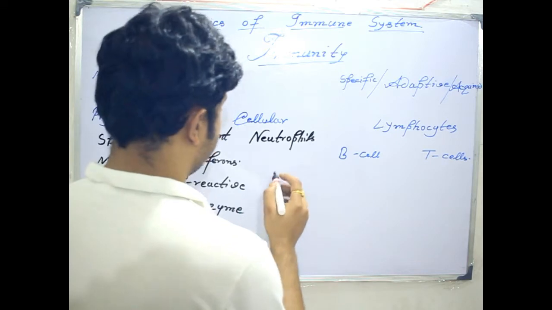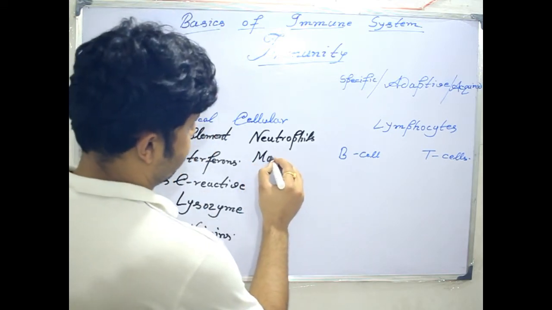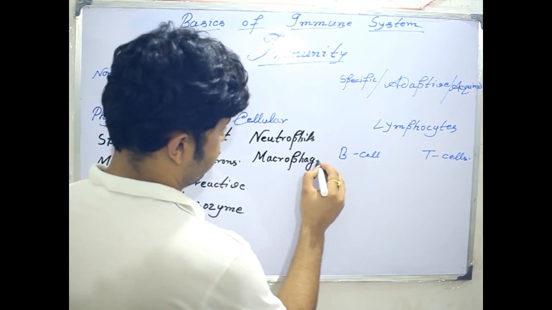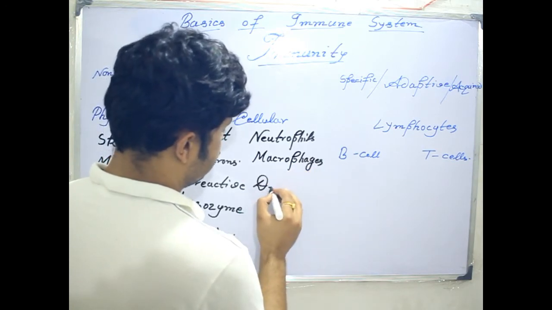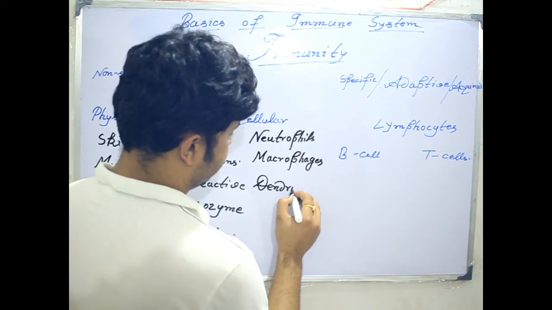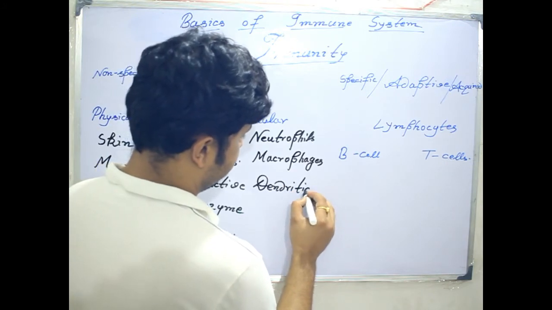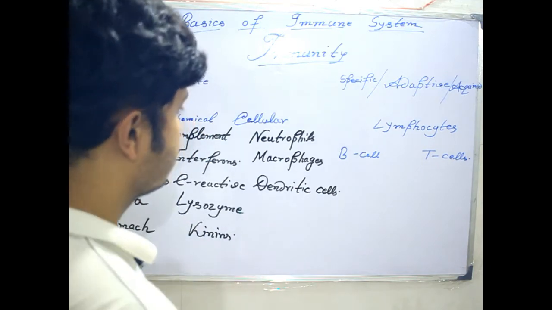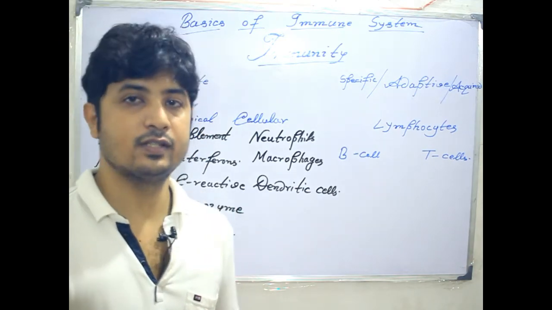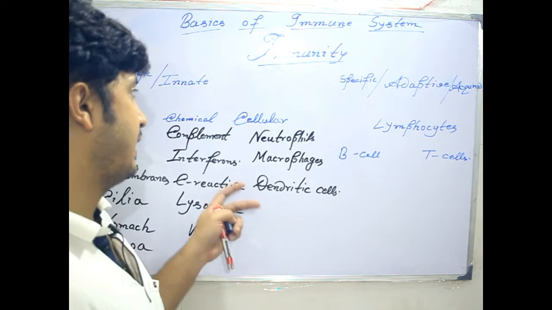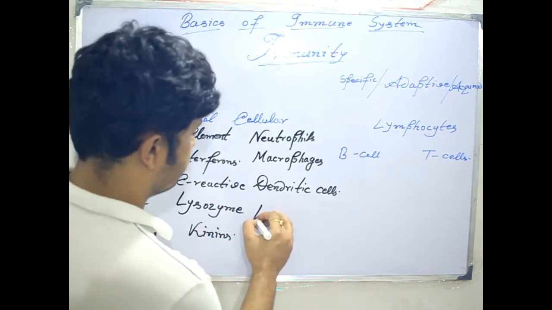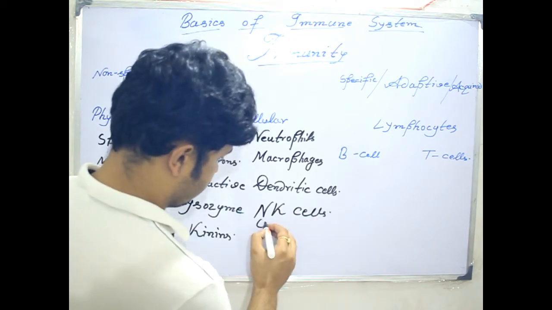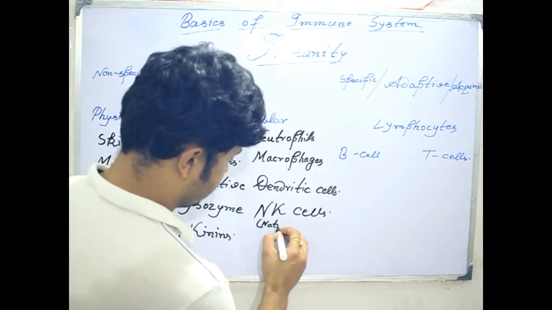Neutrophils first of all, then macrophages, dendritic cells. These are a few of the cells which are acting, and you can also remember NK cells, also called natural killer cells.